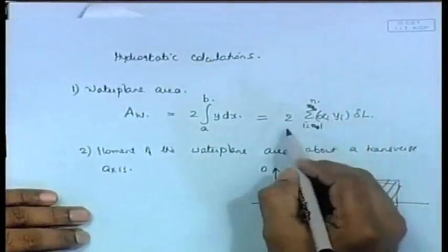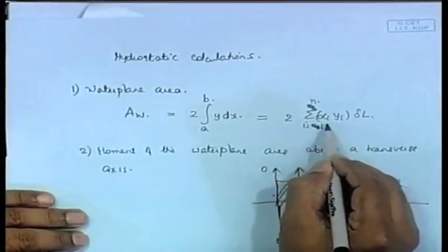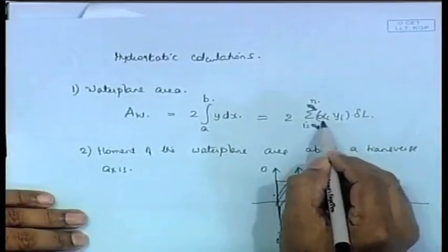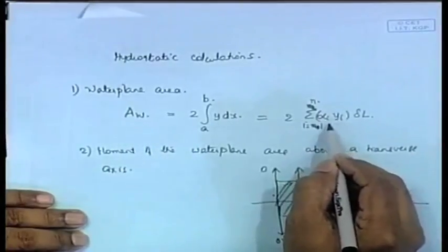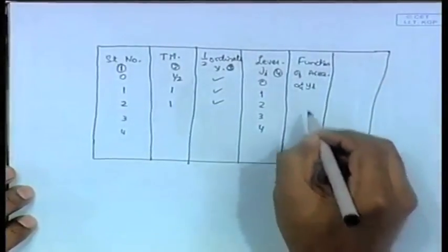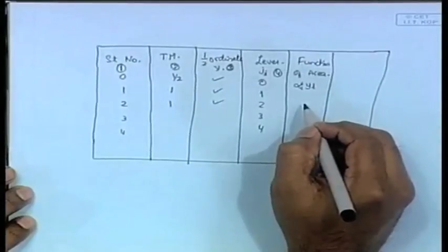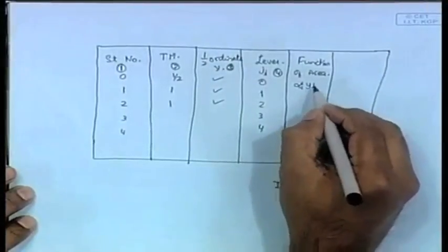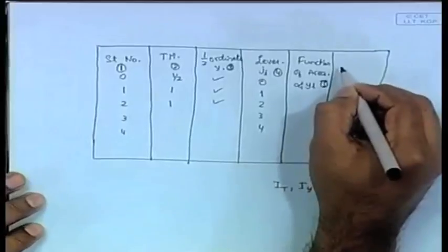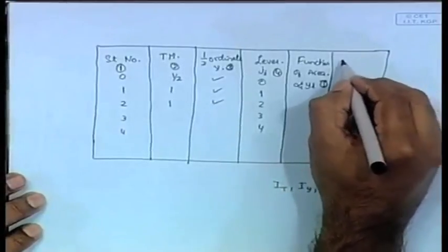This is the expression for water plane area, 2 into sigma alpha I y I. So, you see here you have to get the summation of alpha I y I. So, you need alpha I y I as one column. This will give you the water plane areas. This is column 5.